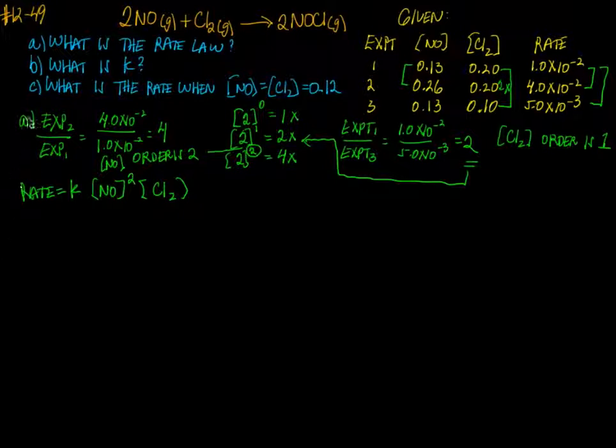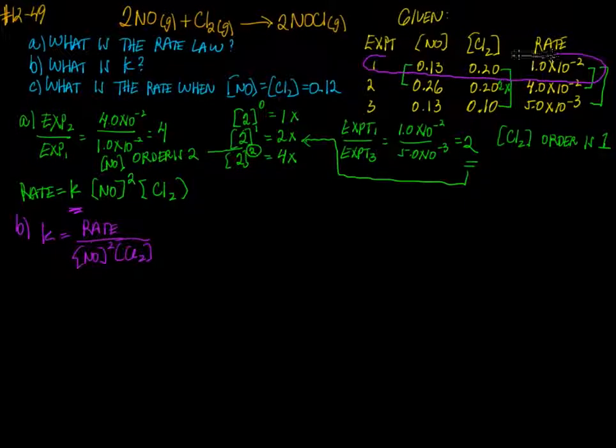Now to work on part B here, we're asked to find what is K. Basically, we just solve for K here. All right, and we pick any experiment. I like to pick the top row here just to avoid getting lost in the data. And we just plug in these values and find out what the rate constant is.